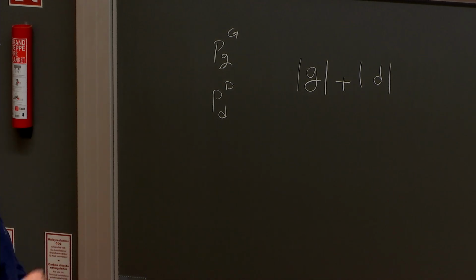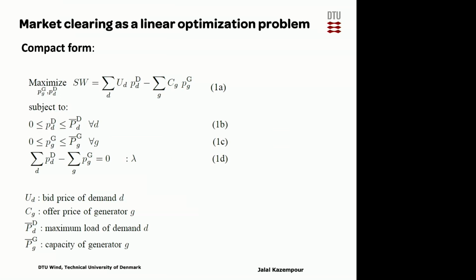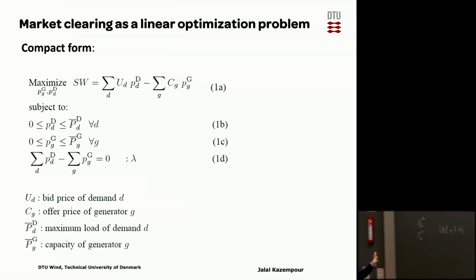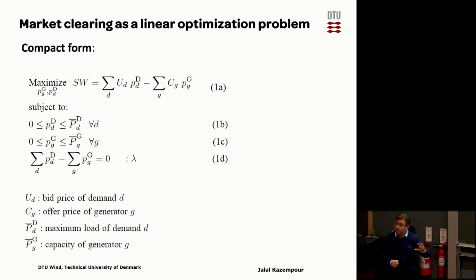Good. What is the first constraint? The objective function is to maximize social welfare. The first term is the area under the demand curve. The second term is the area under the generation supply curve. And the difference is social welfare.